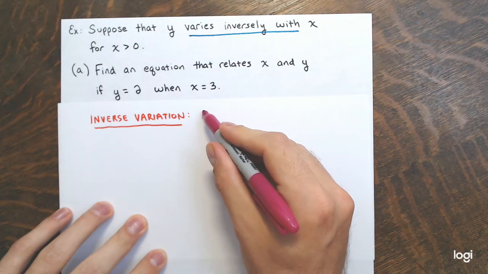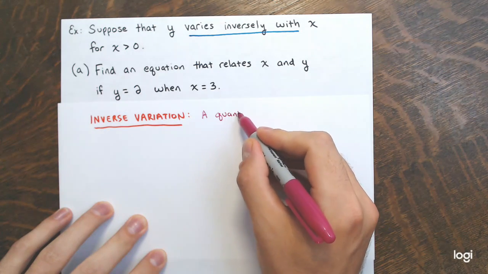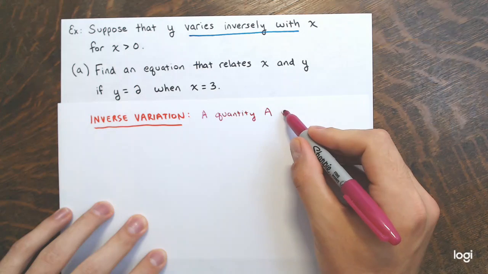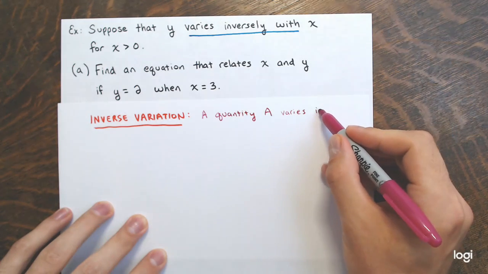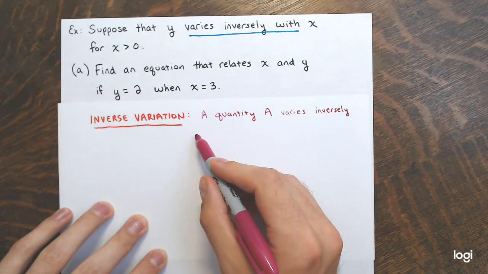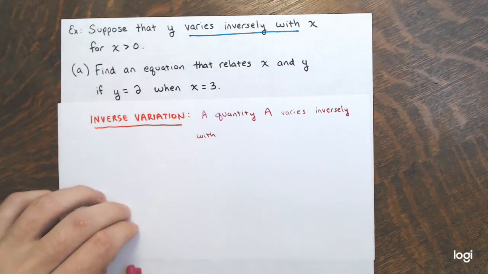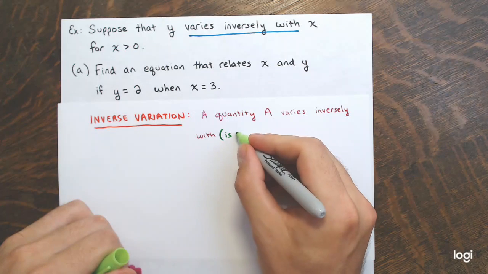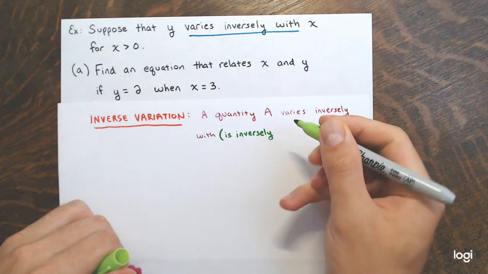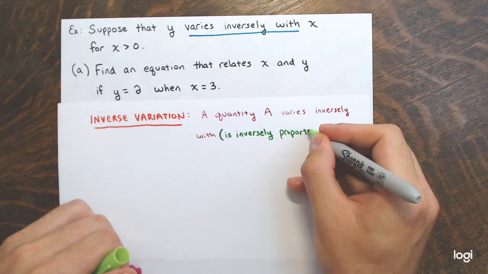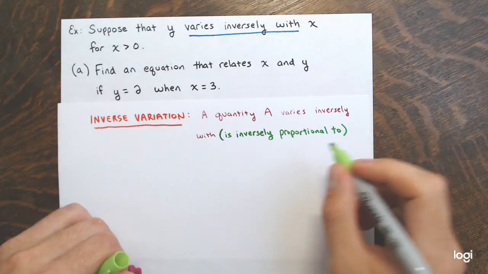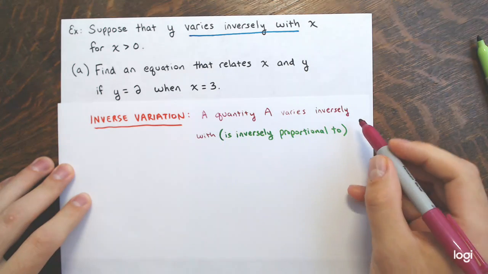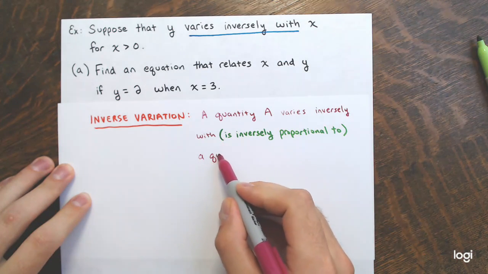If they say in a problem that a quantity A, which is like the Y here, varies inversely with another quantity B, or another way they might say that is that A is inversely proportional to B, that's another way it might be put.